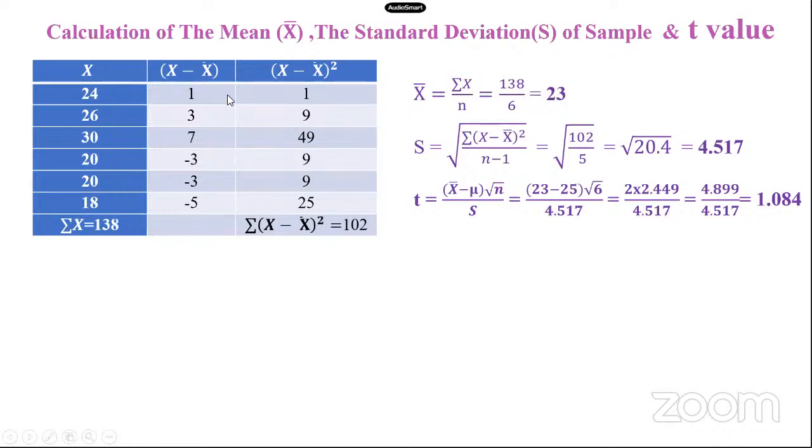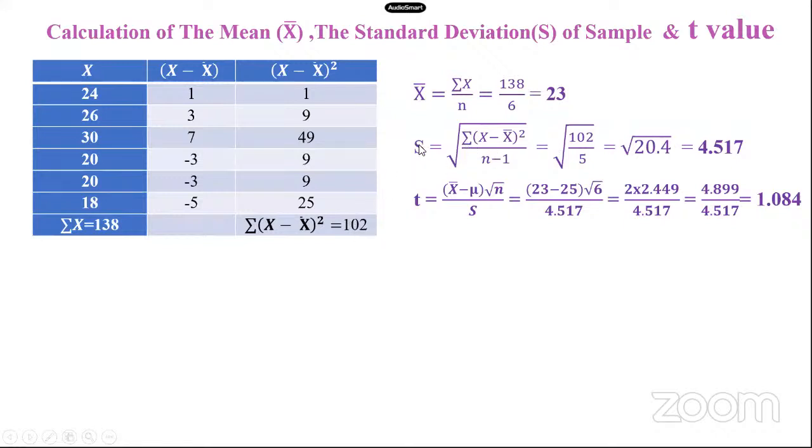Then take the square. The square of 1 is 1, the square of 3 is 9, the square of 7 is 49, the square of minus 3 is 9, the square of minus 3 is again 9, the square of minus 5 is 25. Now take the sum of these squared deviations from actual mean, and the sum is 102.